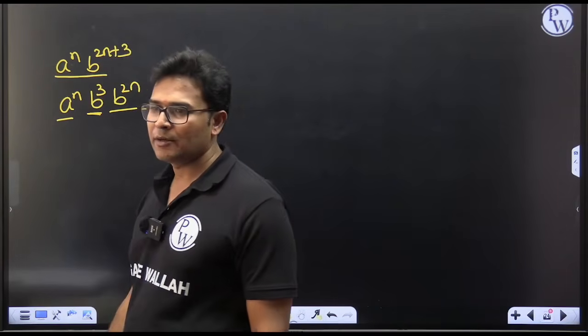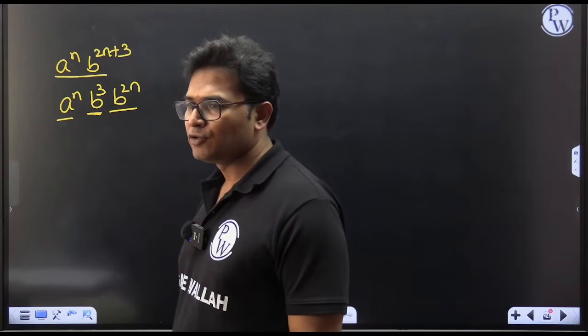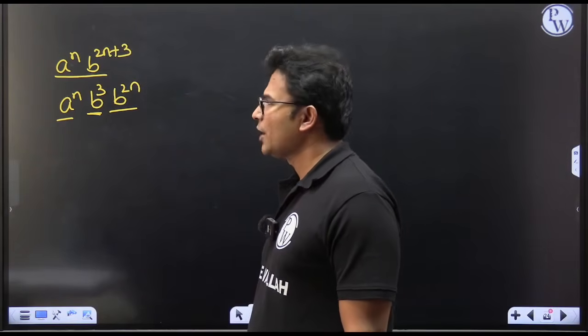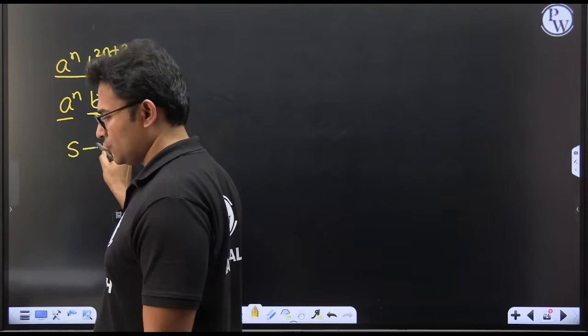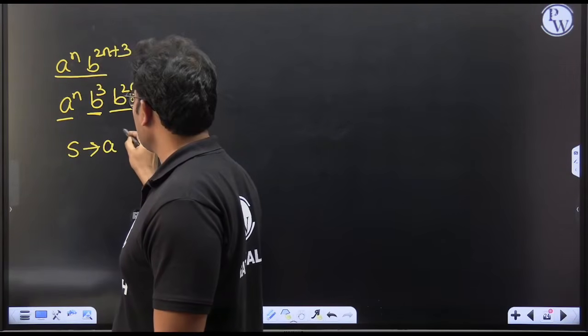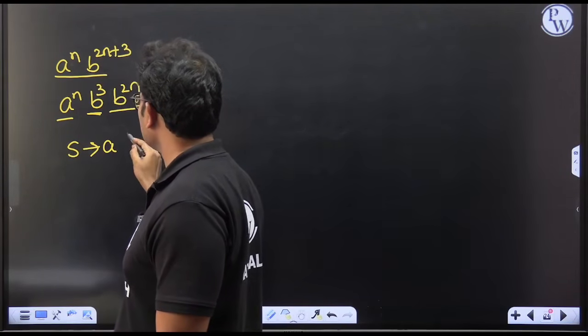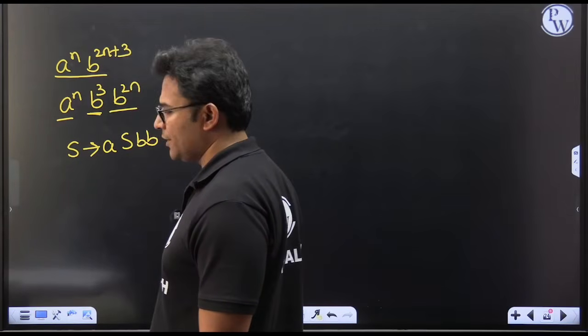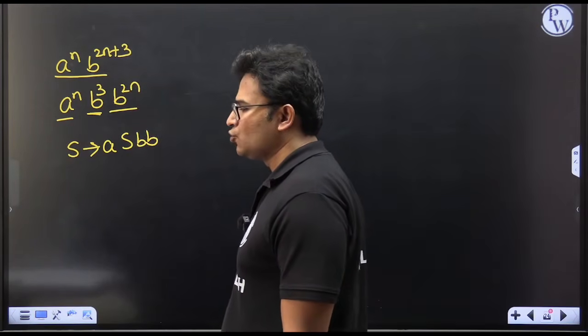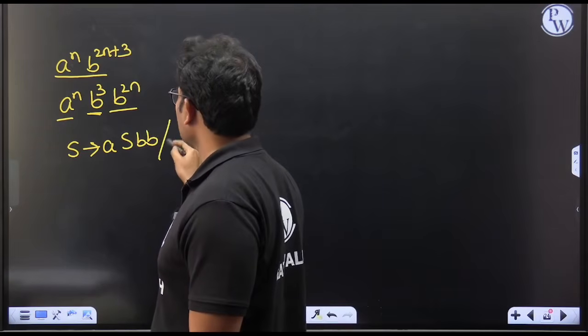So, S derives aSbb, so a power n, b power 2n is generated, or bbb.